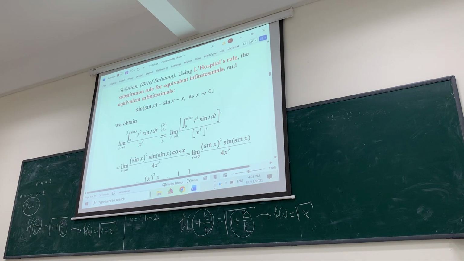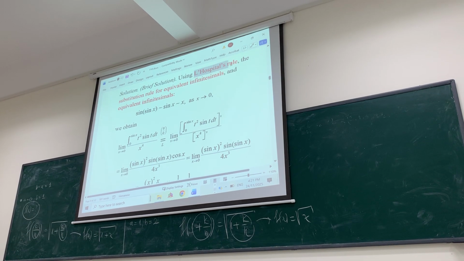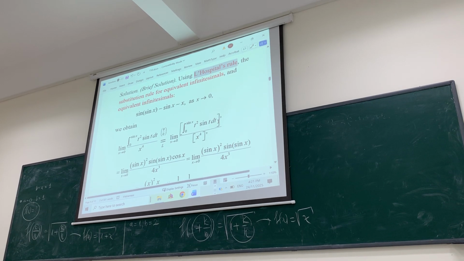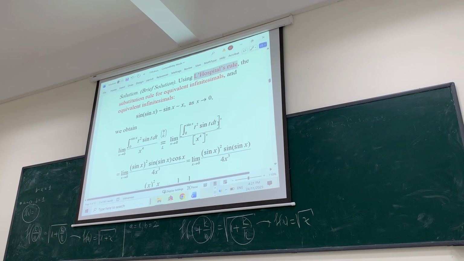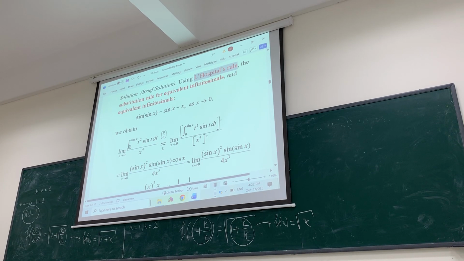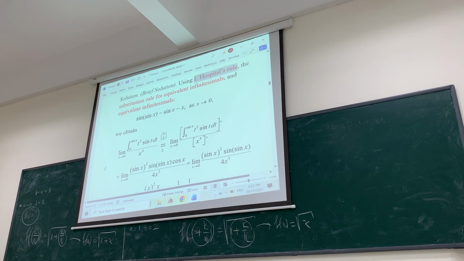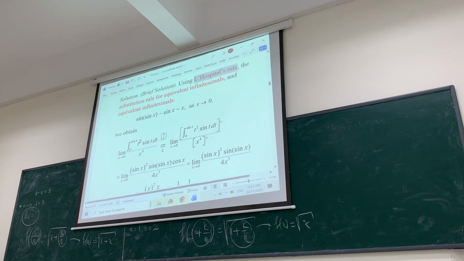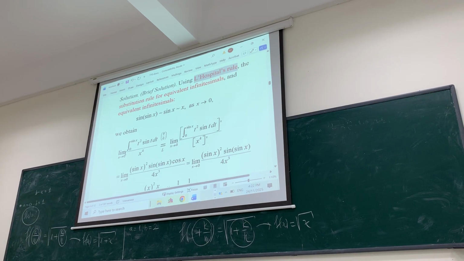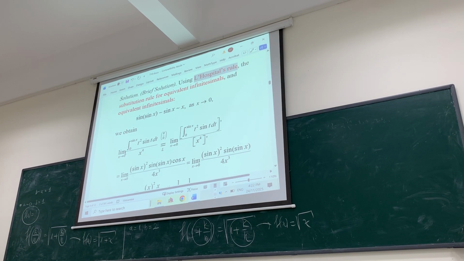In the example, we want to use L'Hôpital's rule. If we want to use L'Hôpital's rule, we need to check which form the limit is. Okay? You can see when x tends to 0, the numerator tends to 0 and the denominator tends to 0. So the limit belongs to the 0 over 0 form.